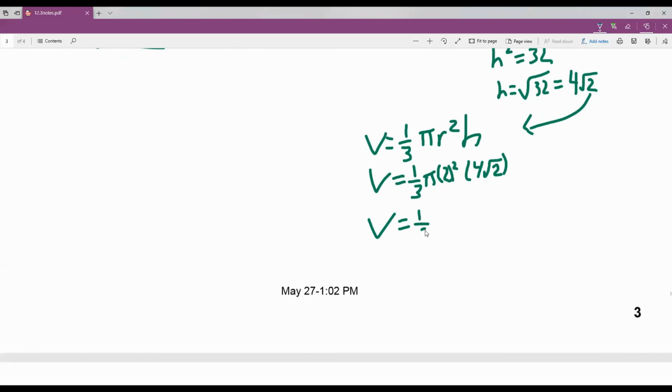So it's going to be 1/3 pi times 16 root 2. Yeah, so unfortunately this is going to be a little bit messy. So it's just going to be 16 root 2 over 3 pi, which is equal to about, so 16 divided by 3, so 5.333.